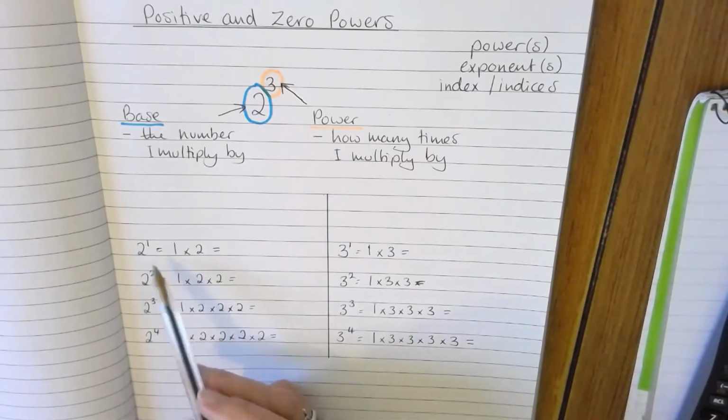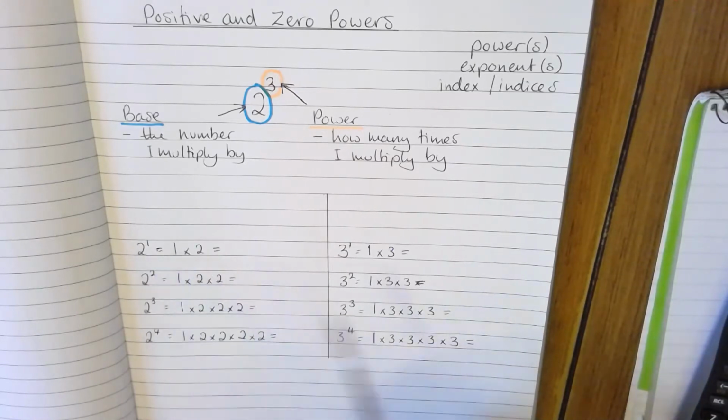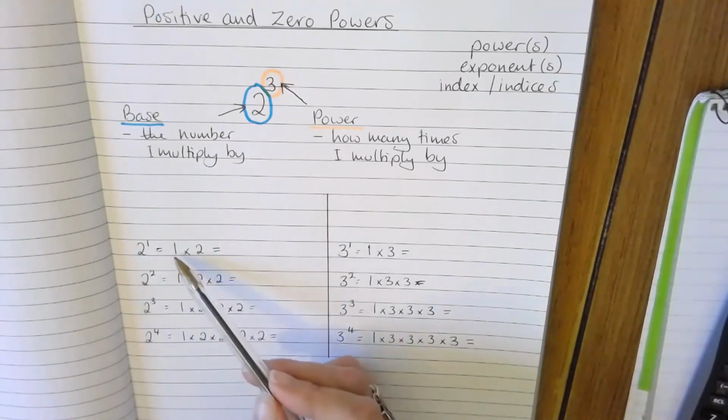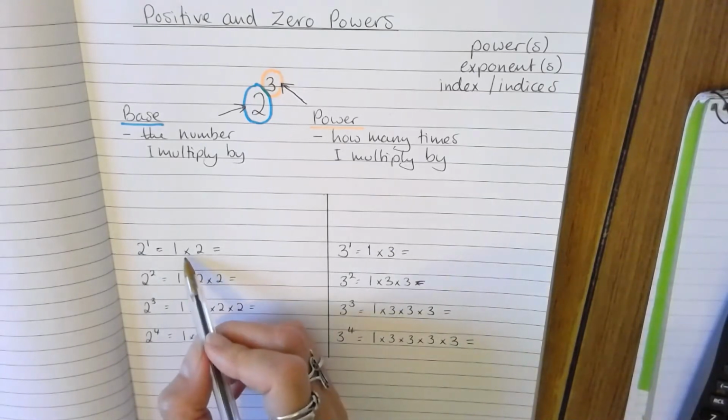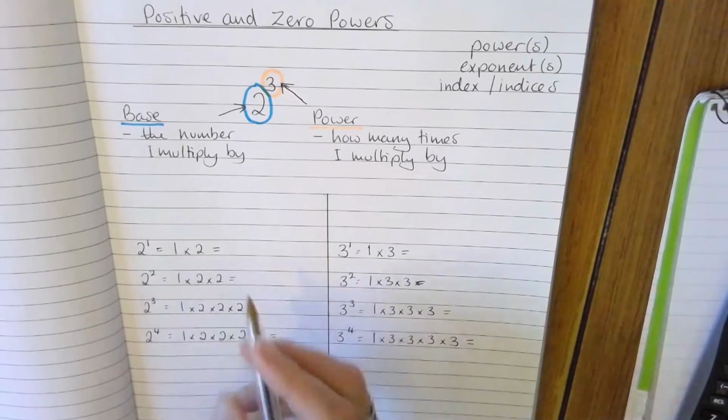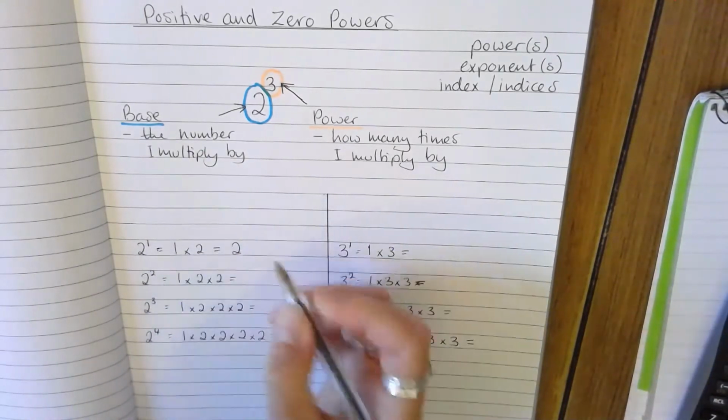I'm starting with the powers of 2 and then moving on to the powers of 3 just for comparison. So if I start with a unit 1 and I multiply it by 2 once, that's what this is telling me to do, I have 2.